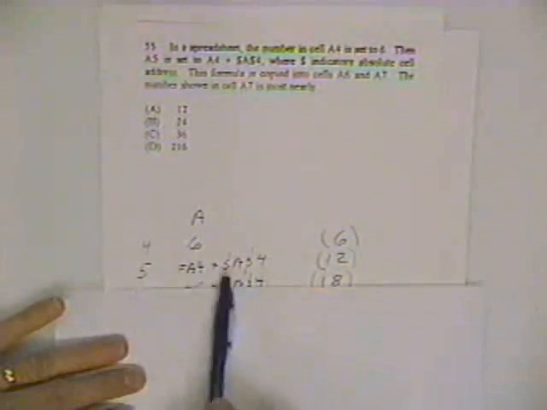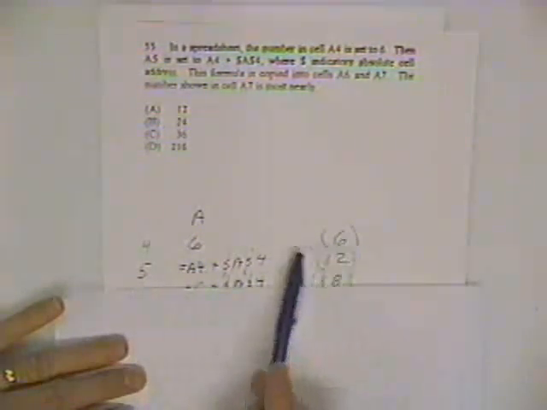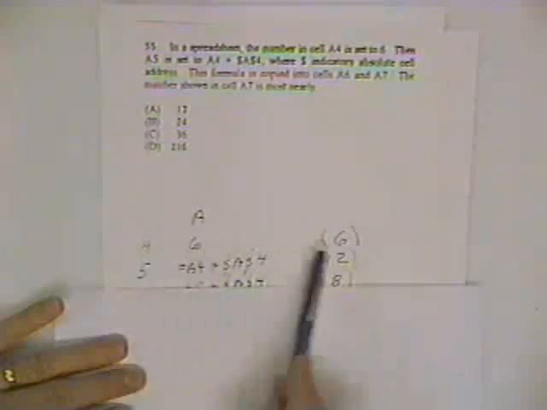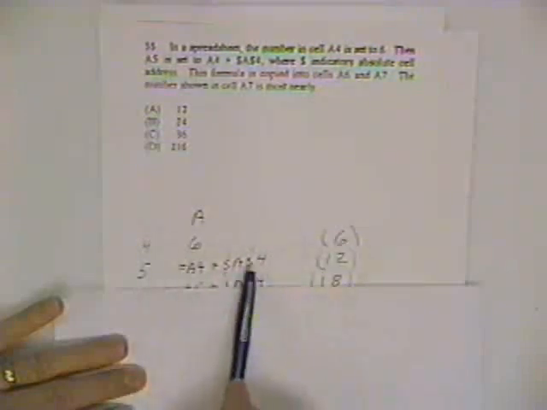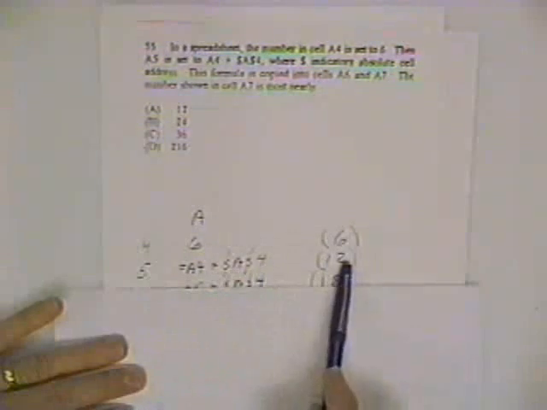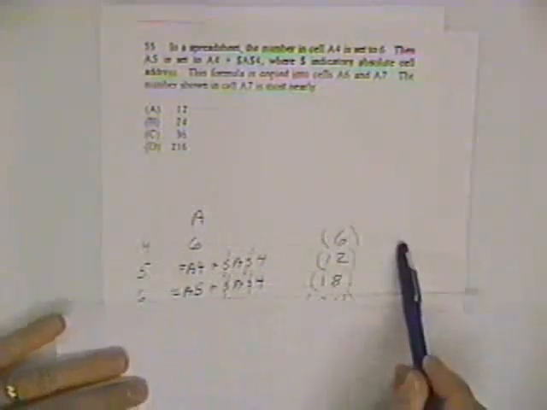So the computer would say, get the value in cell A4, which is 6, add the value in cell A4, which is 6, and you'd calculate a value of 12.